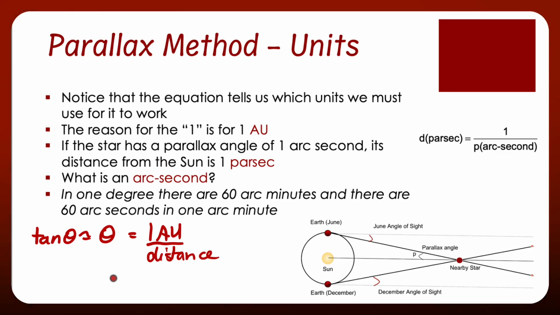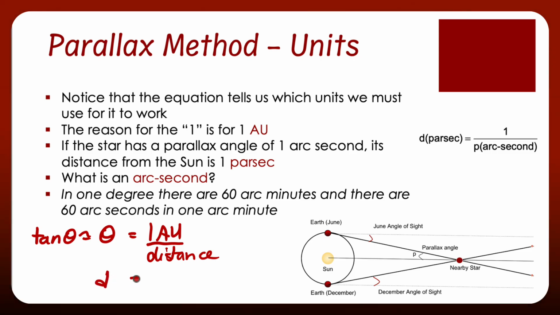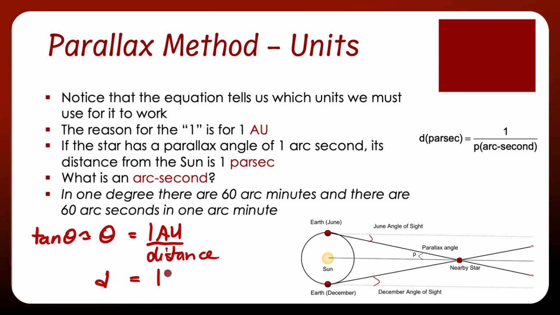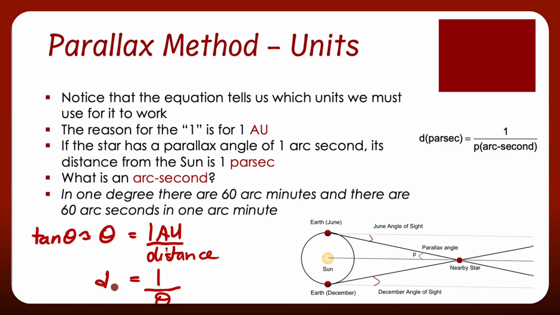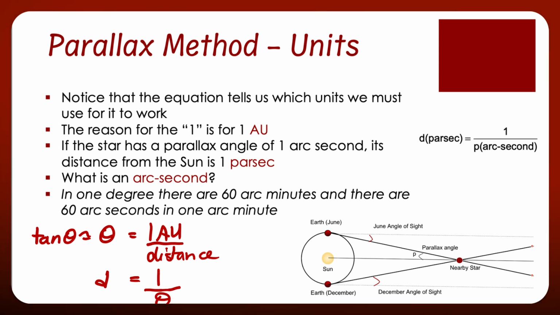Now, if I rearrange that to make it look like this equation, I need my distance, and it's saying 1 astronomical unit over my angle. Now, how they get this idea of a parsec is if I have a value of 1 here, I'm going to get my distance in parsec.